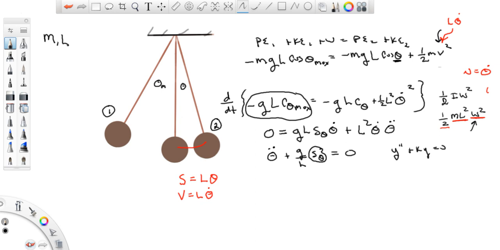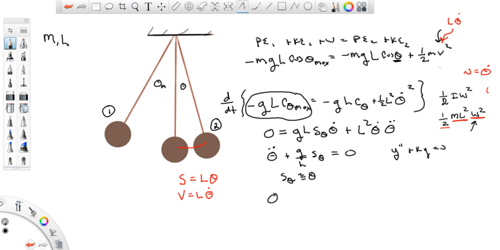But what we're going to do is make a simplifying assumption, and restrict our answer to small thetas. And hopefully we remember from calculus that if theta is small, then sine theta is approximately equal to theta.